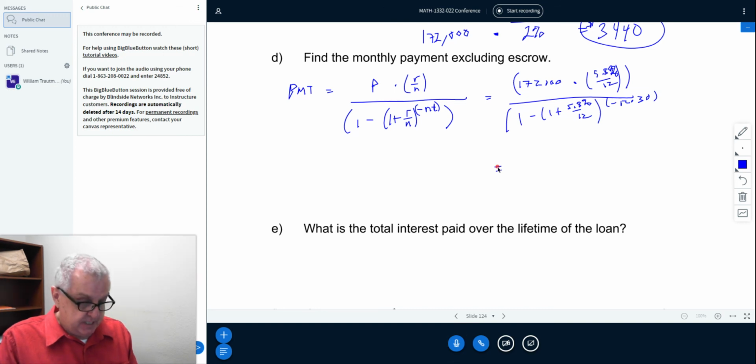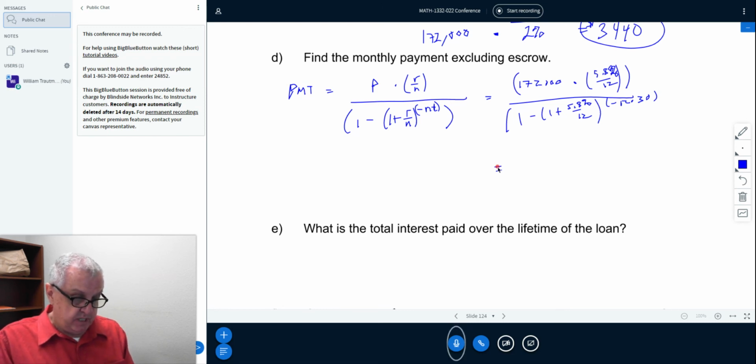172 times 5.8% divided by 12. 1 minus 1, parentheses 1 plus 5.8% over 12.